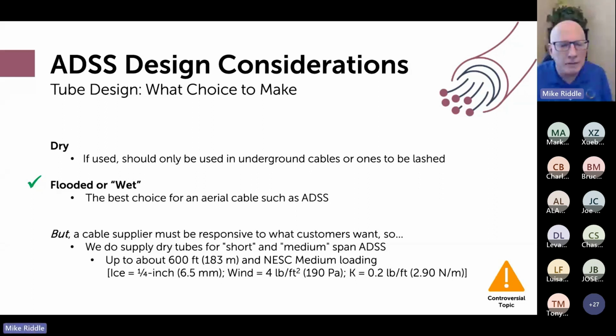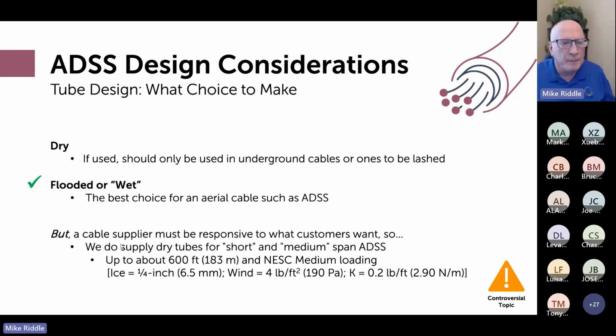You're going to lash a cable, no problem whatsoever. But for a true ADSS self-supporting cable, I absolutely believe that flooded tubes are the only thing that should be used. However, the reality is we're in a marketplace and you have to do what the customers want, and the customers, at least in the United States, want dry tubes.